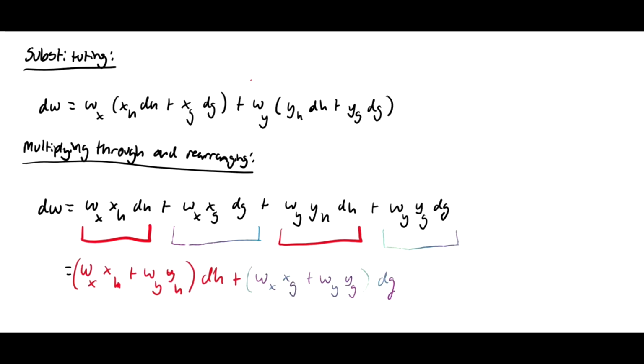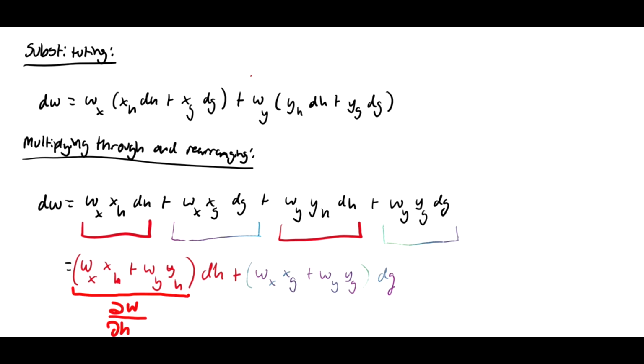So then from that we can get partial f over partial x times partial x over partial h plus partial f over partial y times partial y over partial h, all times dh, plus partial f over partial x times partial x over partial g plus partial f over partial y times partial y over partial g, all times dg.